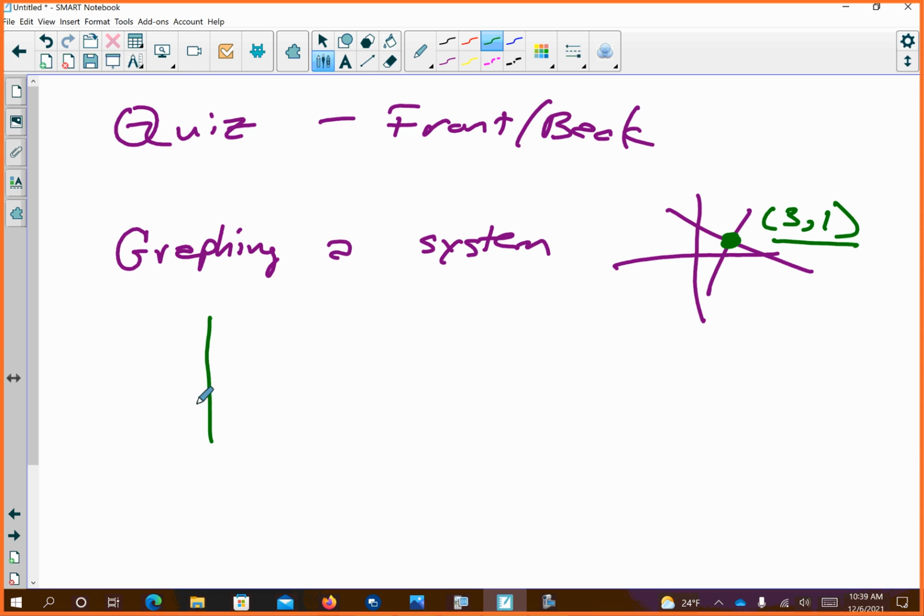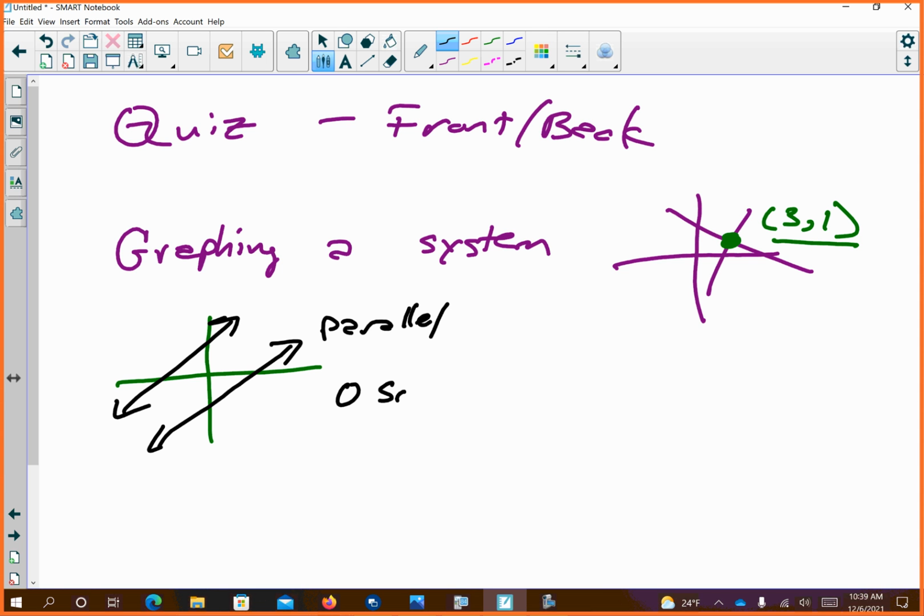What do you know about this, though? Parallel lines. Is it infinite? Do they cross? No. So if they are parallel, they have no solution.